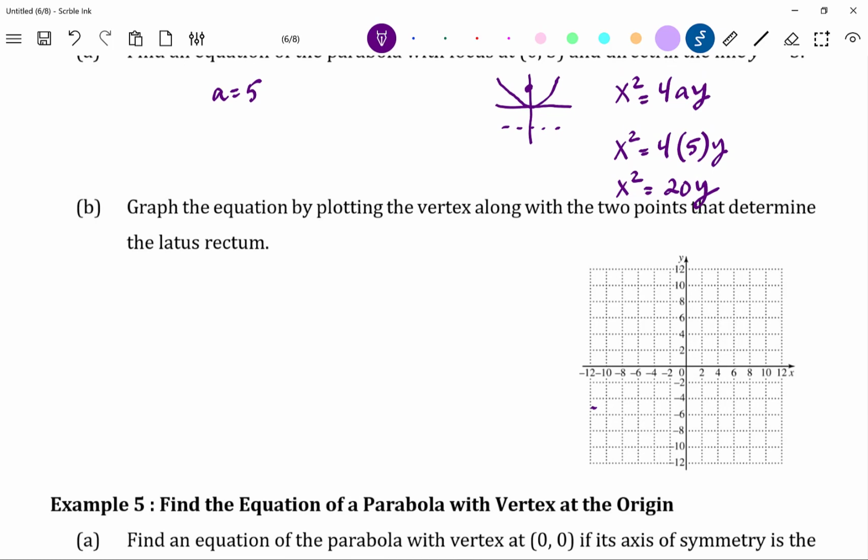Directrix at negative 5. Focus at 5. I'm going to find the latus rectum by counting twice 5, or 10, each direction. So 10 and negative 10. And I'm going to connect those points with the vertex.